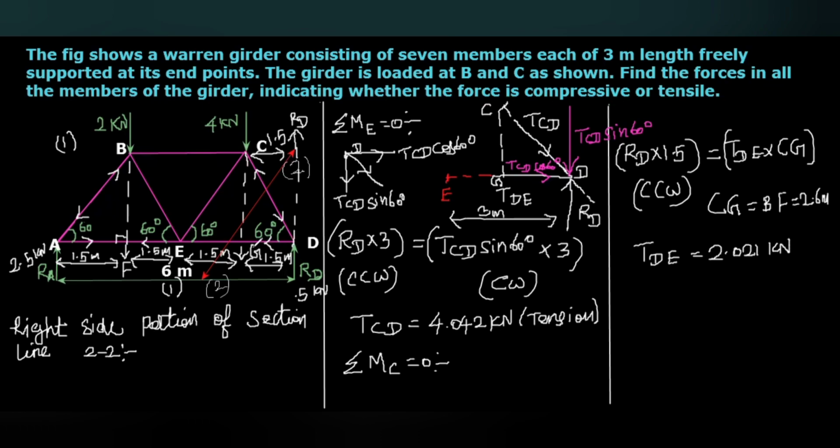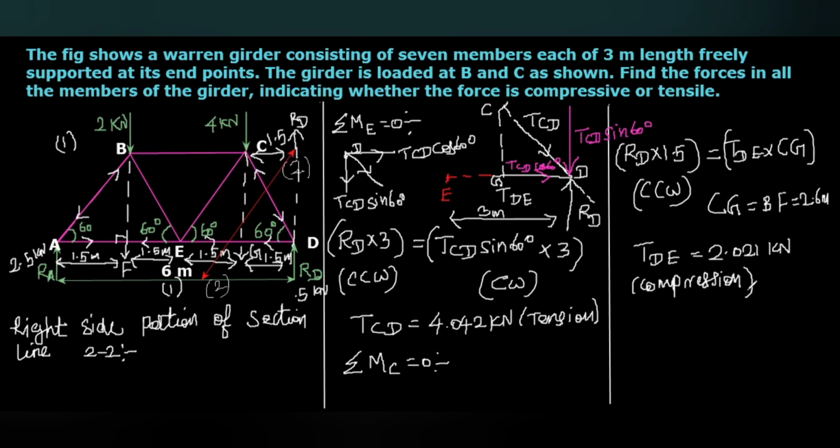From the point D, it is acting away from the point D. In the same way from point E also, it will act away, outwards. So you can see these two forces tended to push the member ED, so this TDE will be compressive in nature.